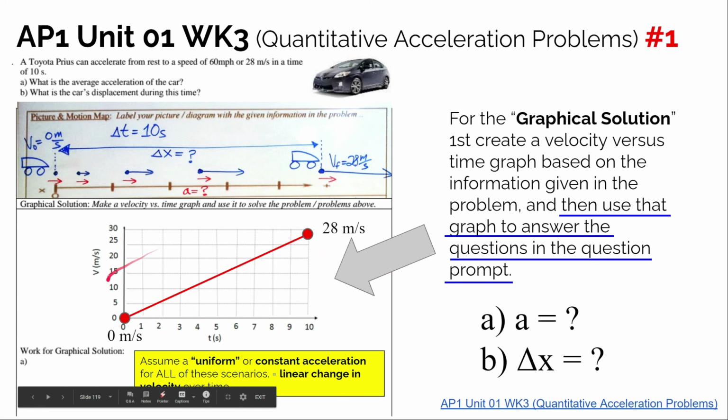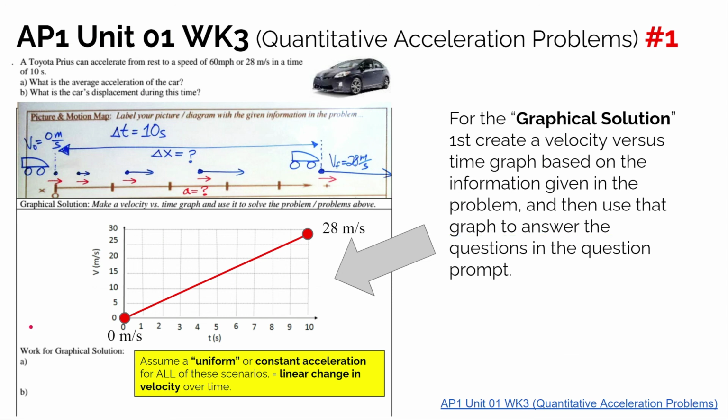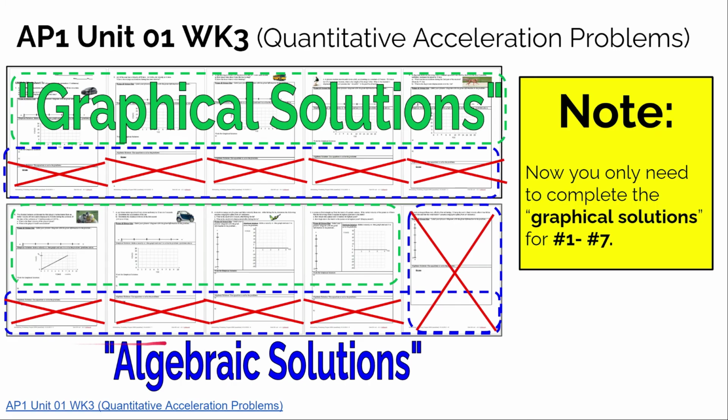Again, you're going to use this quantitative velocity versus time graph that you just drew to solve for the displacement. And you're going to put that work down here right where it says work for the graphical solution. The box underneath all of that, if you're looking at your worksheet, that's the area I want you to leave blank, where you're going to eventually be doing the algebraic solution, which is this stuff right here.